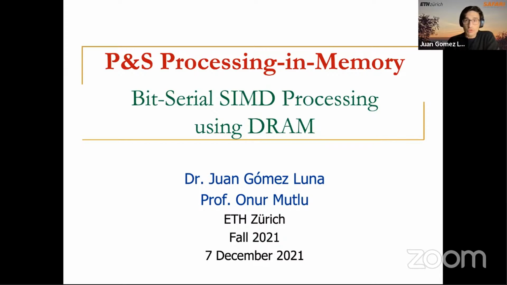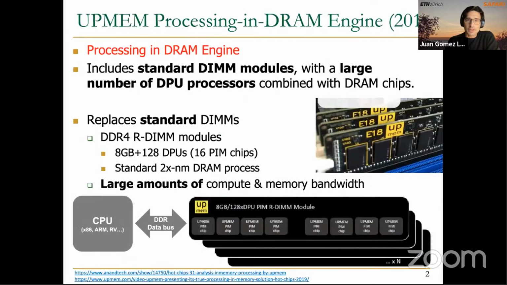Before we go into the details of the SIMDRAM project itself, which is this framework that enables SIMD processing using DRAM, let me give you a little bit of context. This is something that you all have already seen multiple times over the course of this course, and also in other presentations from our group, from Professor Mutlu.